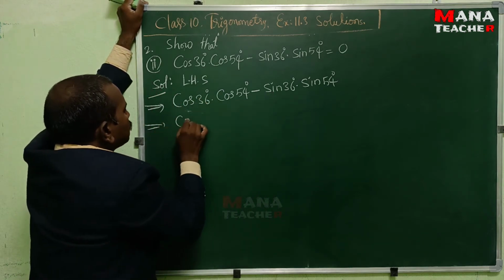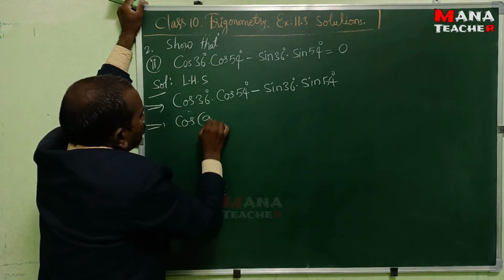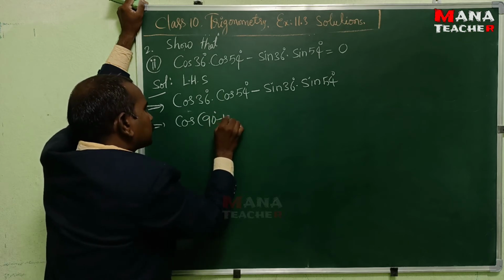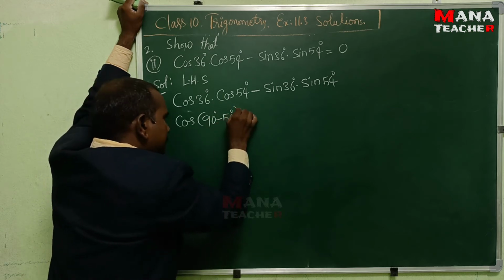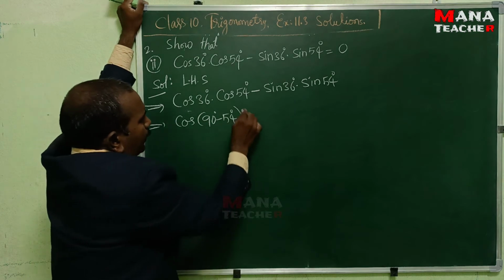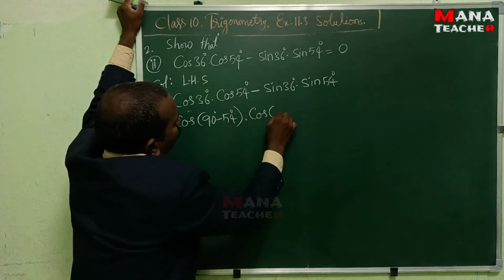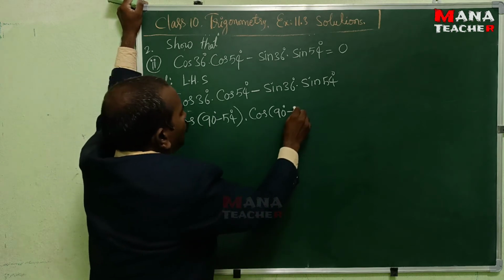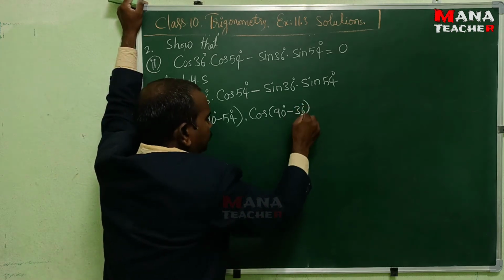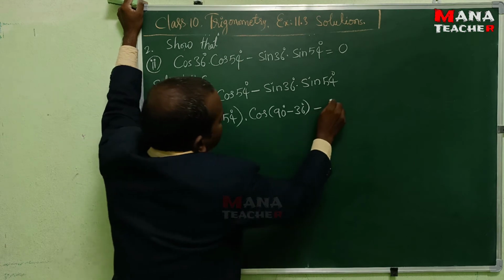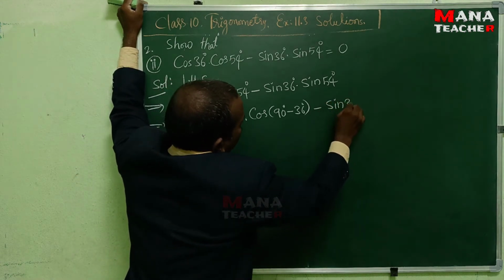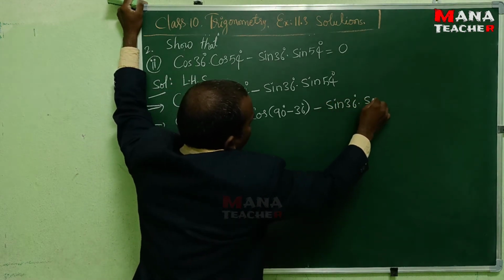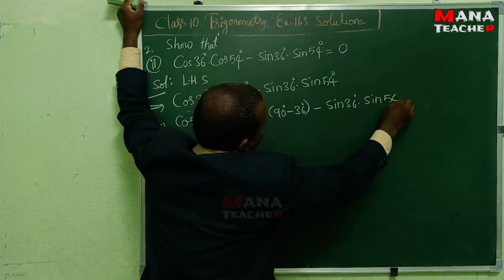Now cos 90 degree minus 54 degree and next cos 90 degree minus 36 degree, minus sin 36 degree sin 54 degree.